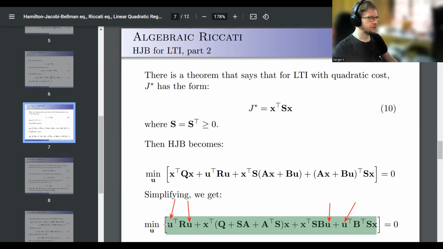So we will get here X transpose C B R inverse times R inverse B transpose CX.